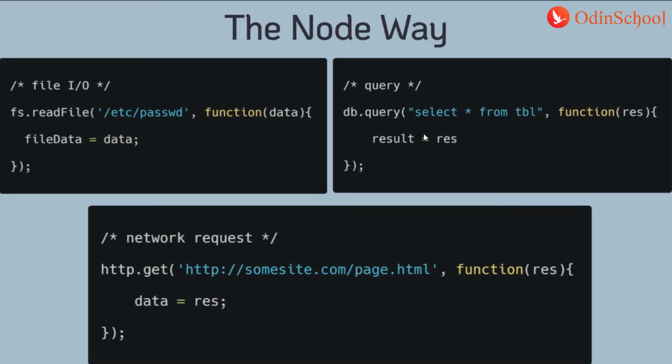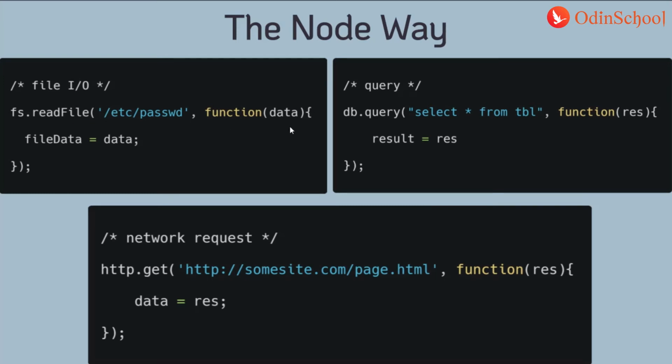So what did he do? He created Node.js and changed the way we do that basic stuff of reading a file or running a query or doing a network request. As you see, we have a second argument where we pass in a function.